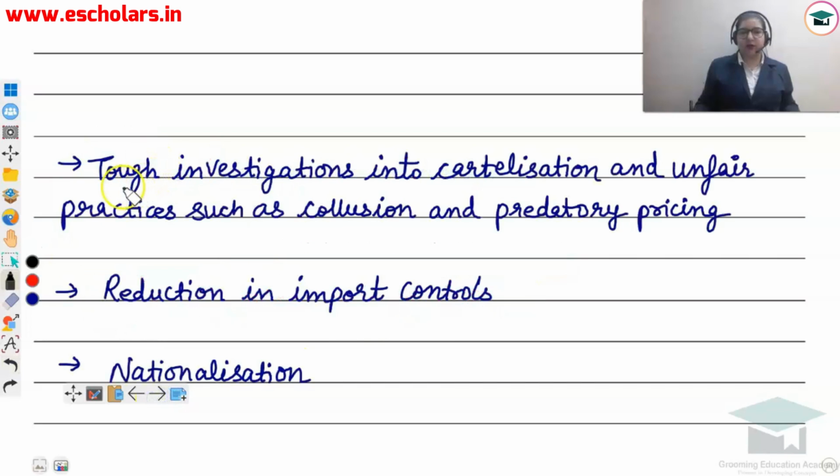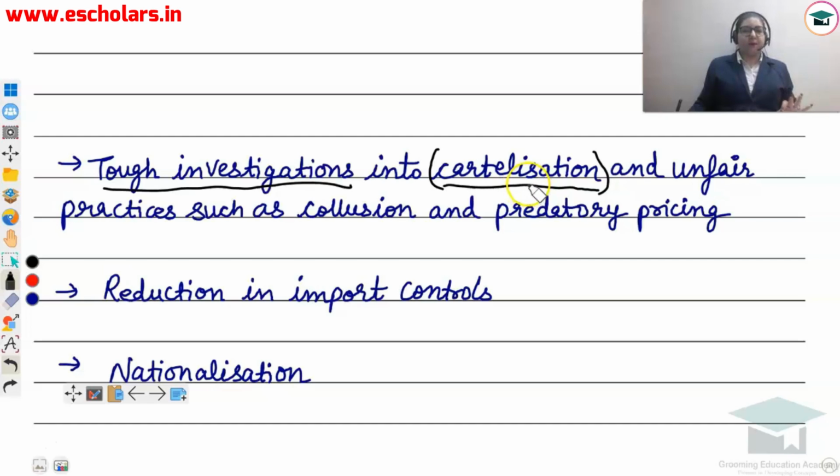Now further, tough investigations are conducted by the government into cartelization. Now what is cartelization? Cartelization means when competing firms combine together in order to manipulate the prices in order to derive the benefits of monopoly. Okay.